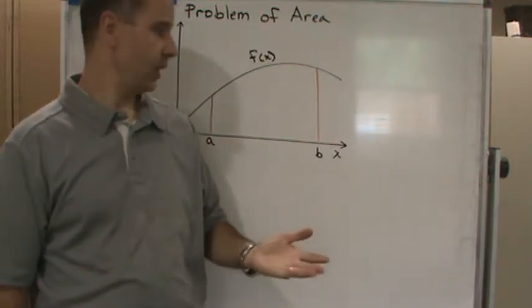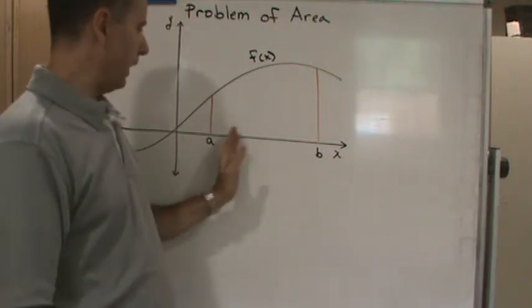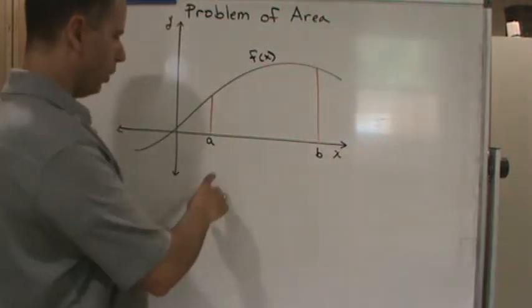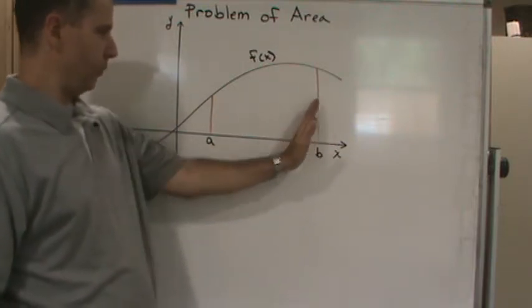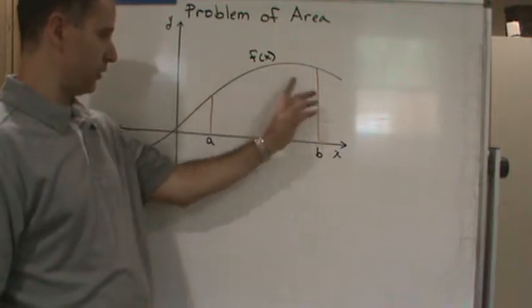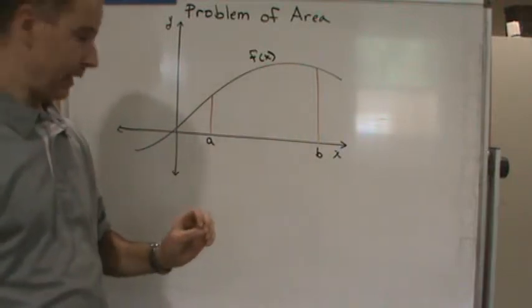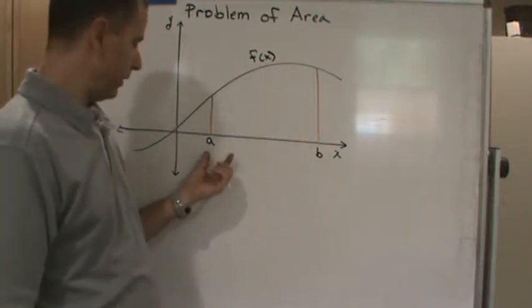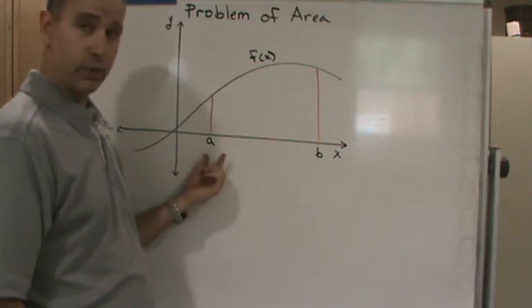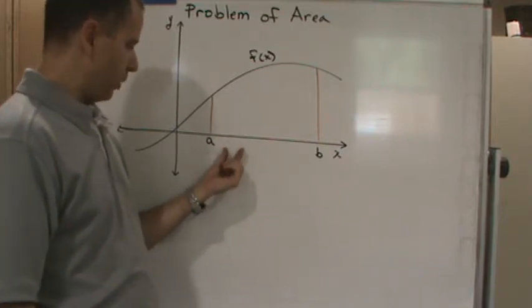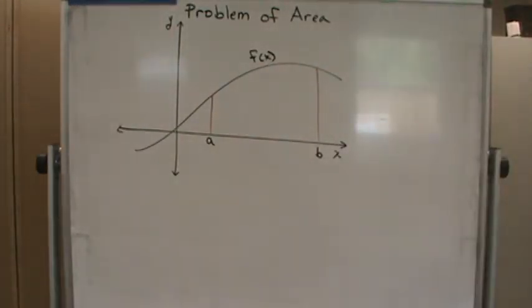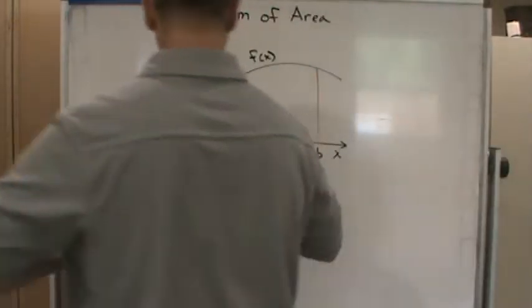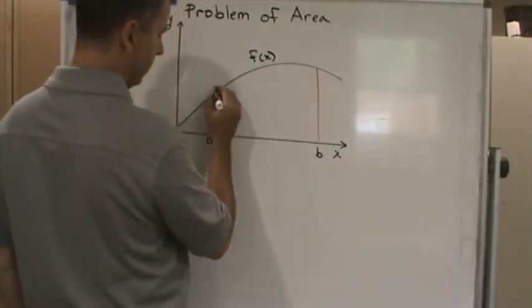So to help approximate the area under this curve, we're going to take the interval from A to B. We want to find the area under this curve. To approximate it, we're going to subdivide this interval from A to B into smaller subintervals and create rectangles.